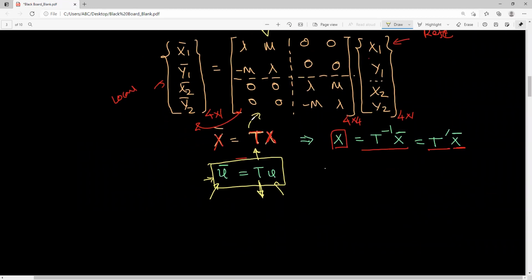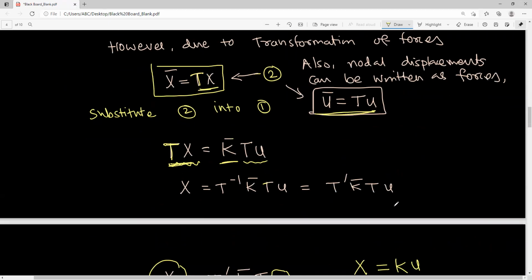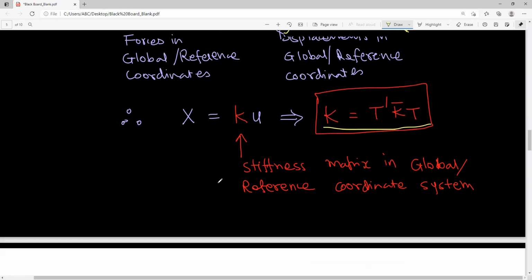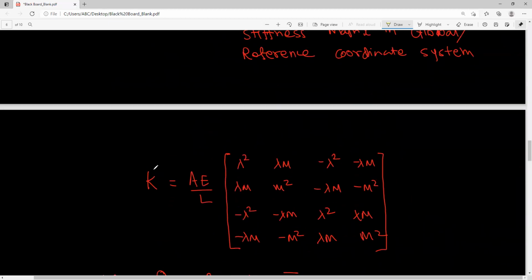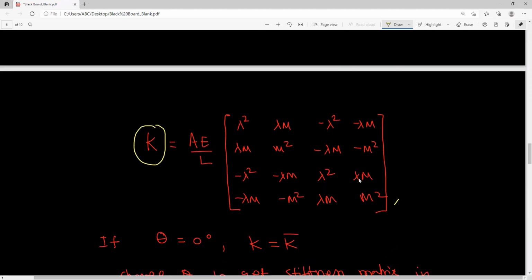Again, if you multiply that matrix with the T matrix, you get the final matrix, because all the matrices are 4 by 4. When you multiply first these two matrices and then this matrix, you finally get the stiffness matrix in the reference coordinate system. K is equal to AE by L, and these are the terms we are getting, and again it is 4 by 4.